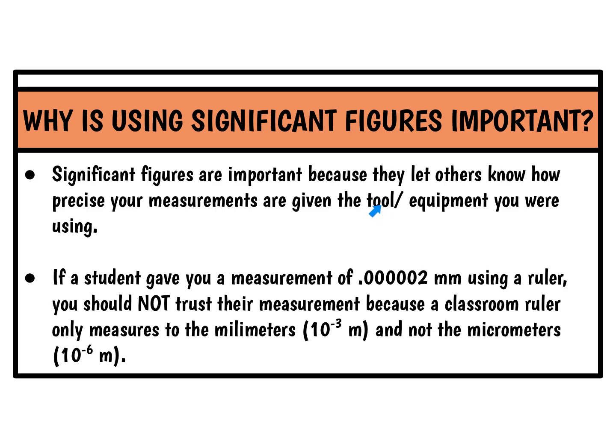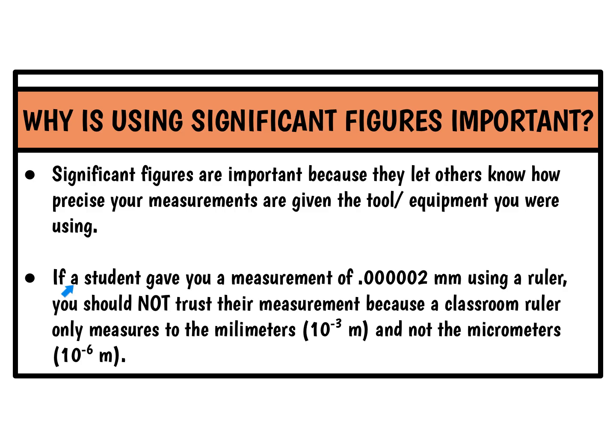Some tools will go to the meter, like the meter stick, but you get more precise measurements because there's centimeters, and then even more precise because there are more tick marks for millimeters. But that's as precise as we can get with that meter stick: the millimeters.